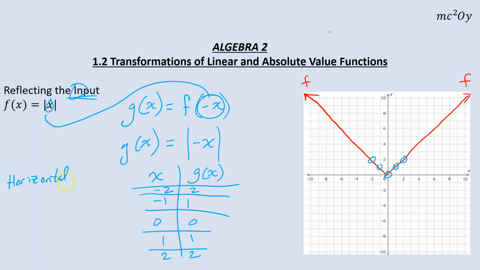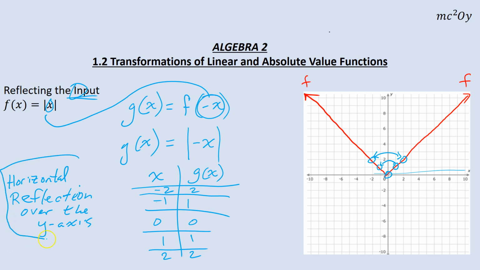We know it's horizontal because it's happening to x, and x runs horizontally. What was here moved over there, and what was here moved over there. So these points in essence just swap places, which means your graph looks identical. Kind of weird, but that's what happens.